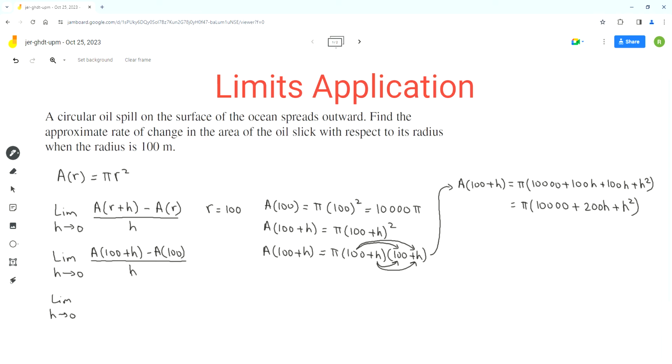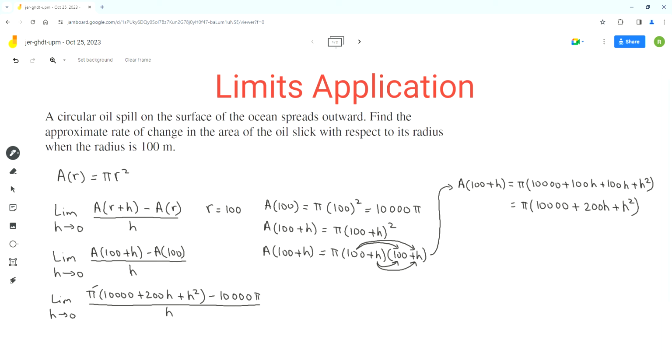A(100 + h) is π times (10,000 + 200h + h²) minus A(100), which is 10,000π, over h. Now we have to simplify the numerator.